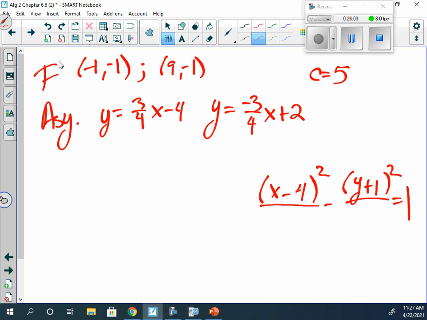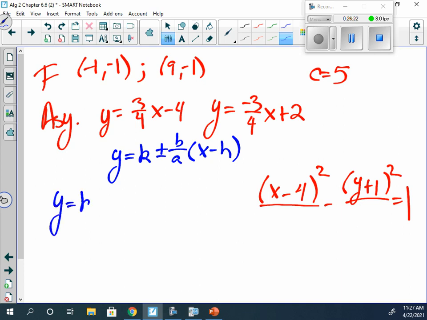Now, with this here, either one of these equations, we're looking at y is equal to k plus or minus b over a times x minus h. I'm going to split it. b over a times x minus h.